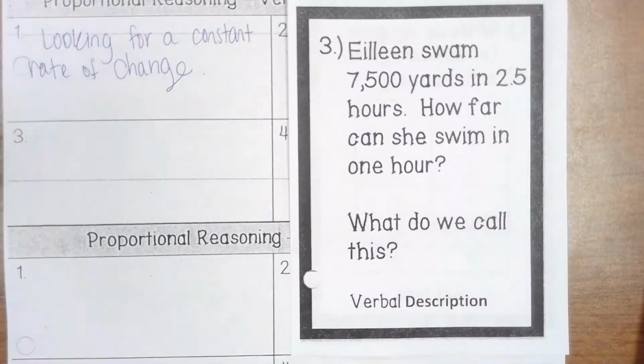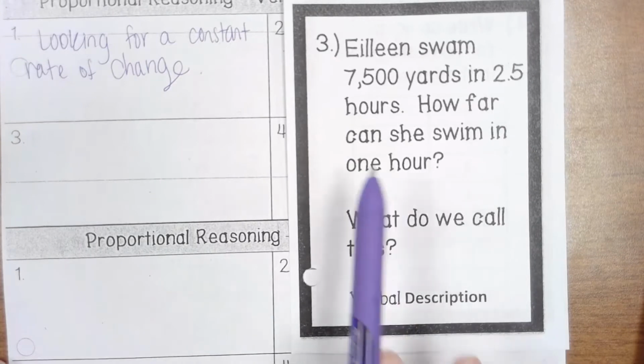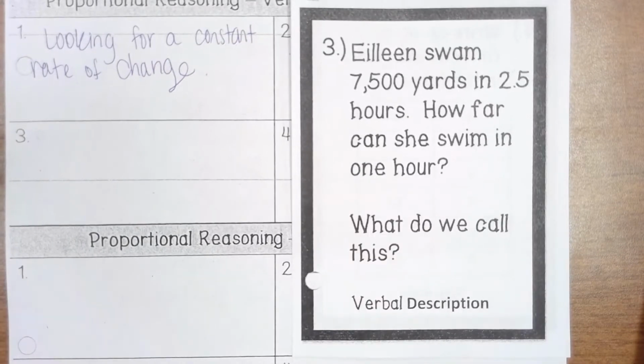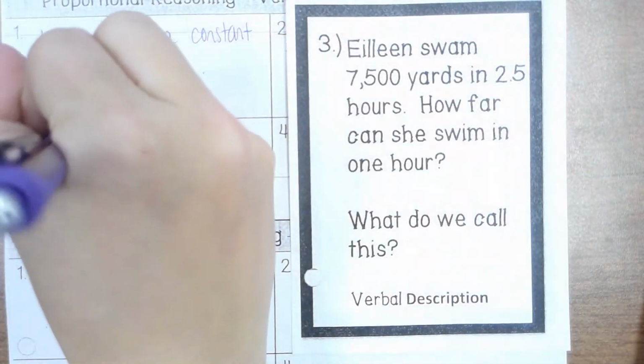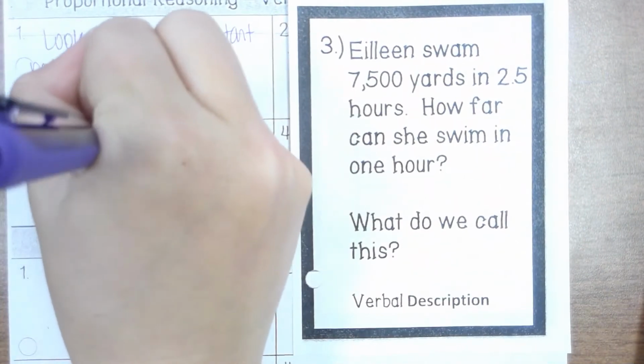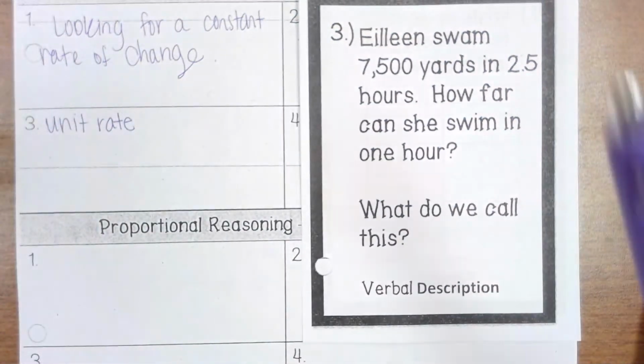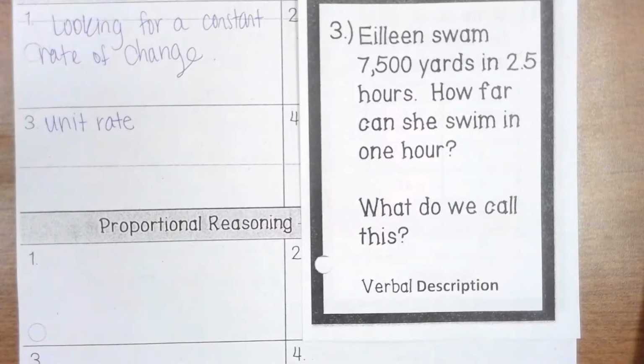Number 3, Aline swam 7,500 yards in 2.5 hours. How far can she swim in 1 hour? So as soon as you see that 1 here, we are looking for a unit rate. Okay, that unit rate is going to tell us what our slope is. So remember, time is always indicated as your x value.